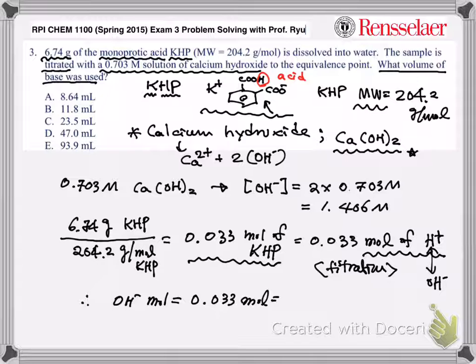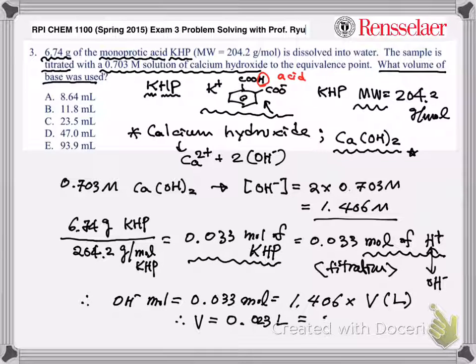This is the concentration that I have for OH, 1.406, times the volume in the unit of liter. That will give me the volume 0.0223 liter. That makes it 23 milliliter. And I can say that the closest answer that I have is C.